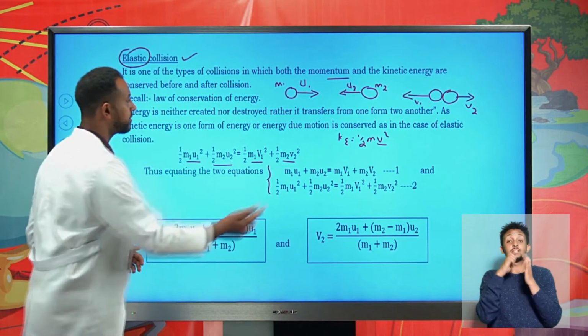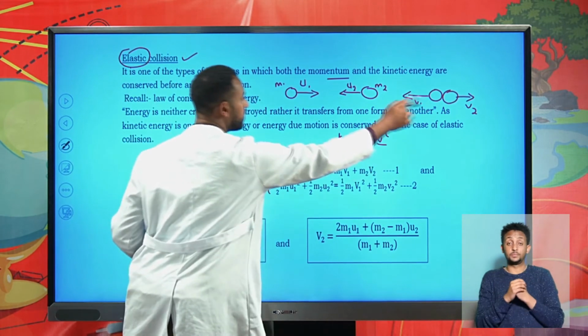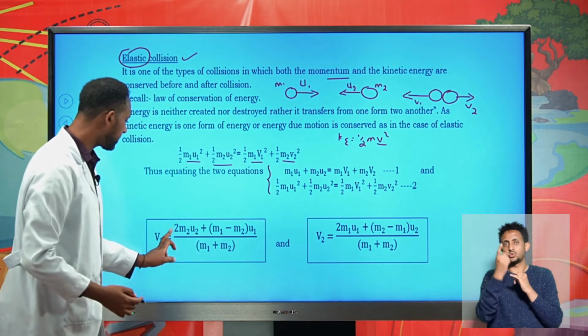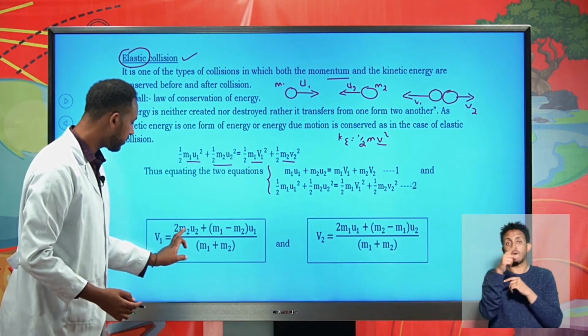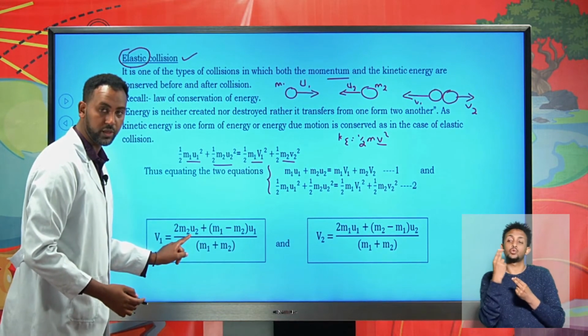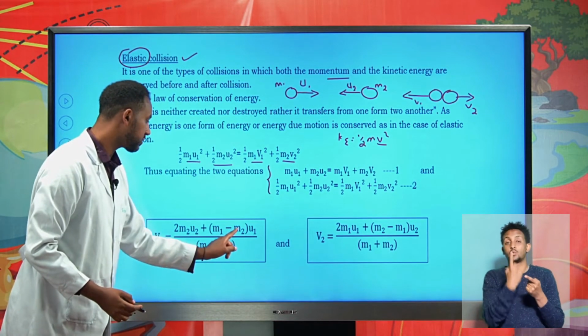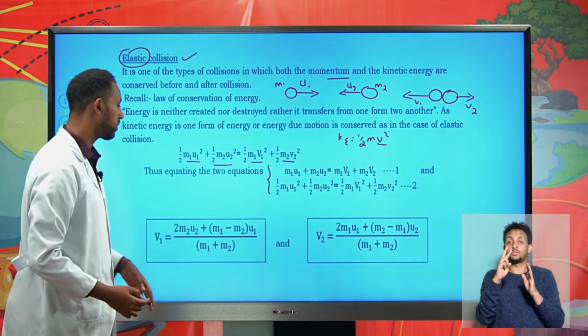For example, after collision, if these two bodies have an elastic collision, the final velocity of particle 1 can be given as twice m2 u2, the initial velocity of particle 2, plus (m1 minus m2) times u1, over m1 plus m2.